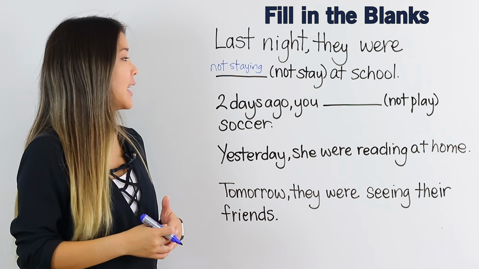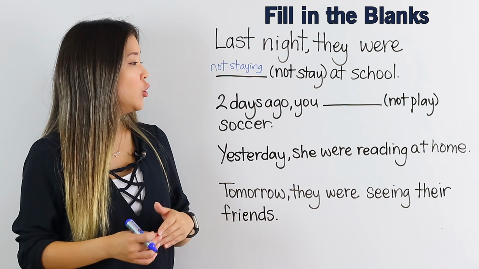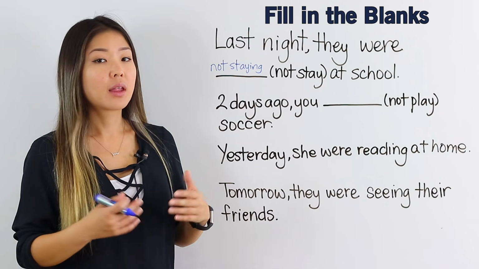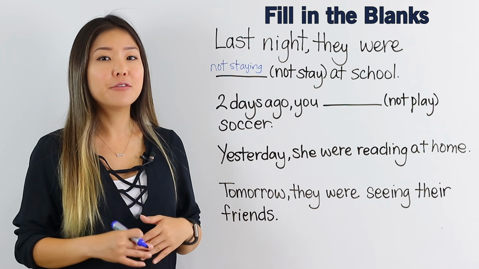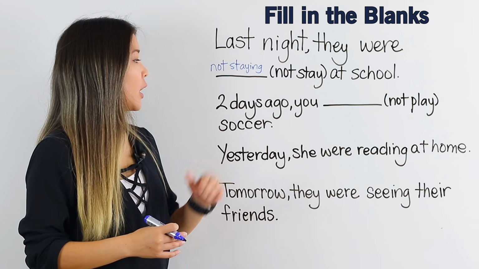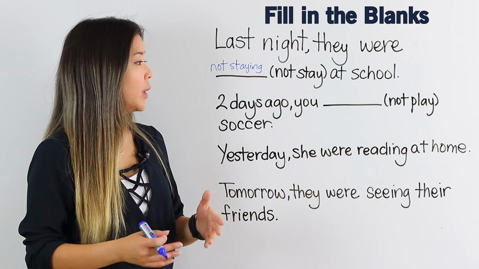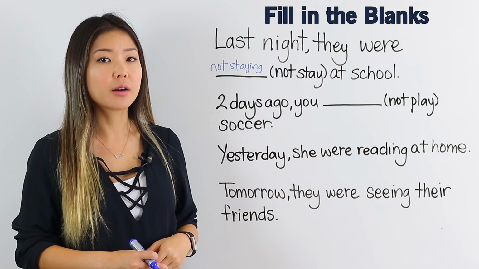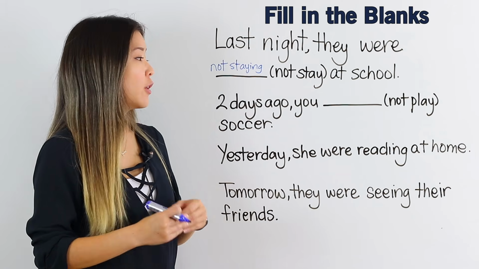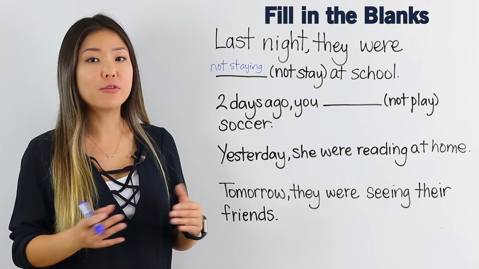The next sentence says, 2 days ago, you blank soccer. Again, try the negative for the verb play. 2 days ago, blank, not play soccer. In this case, the first thing that's missing is the be verb.